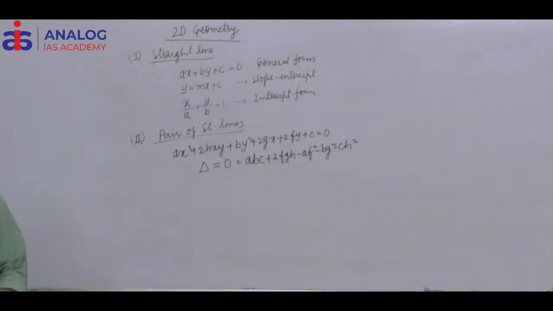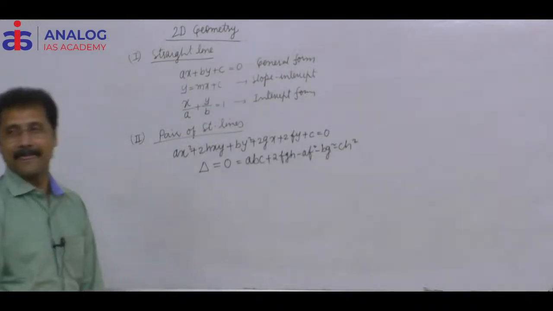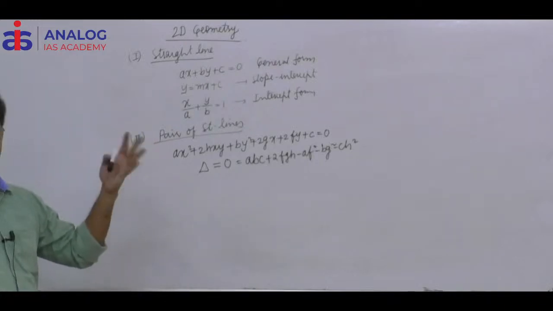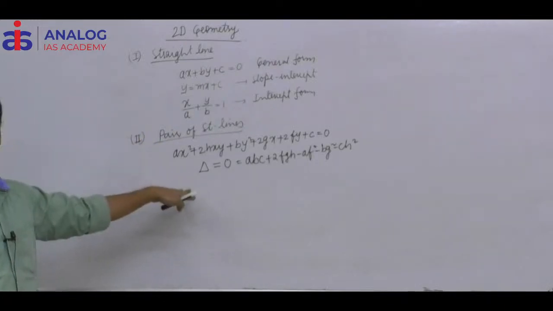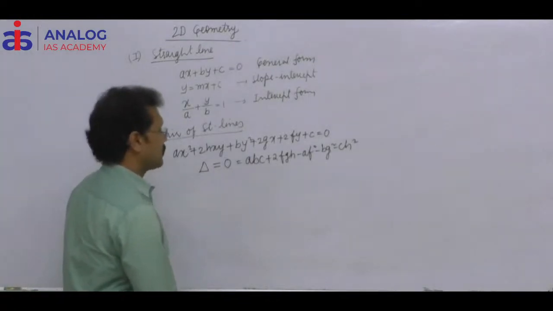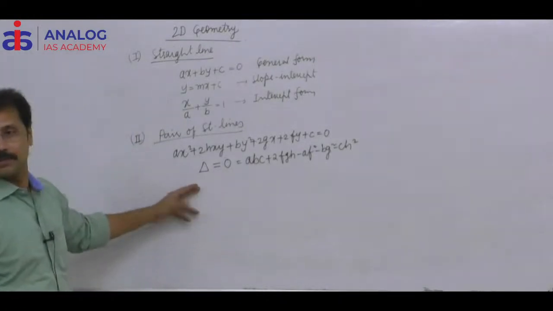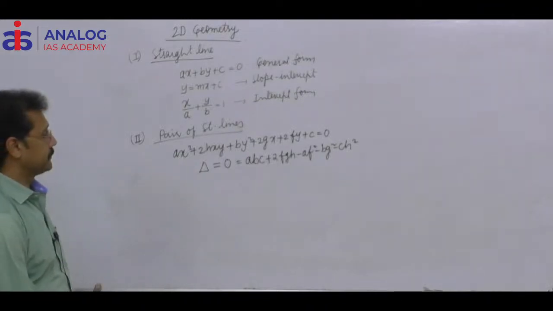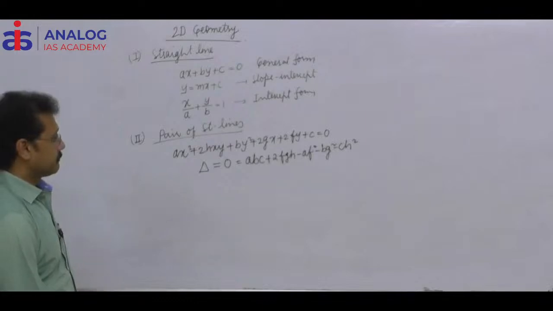Pair of straight lines. Okay? It's gone already, way back, right? Refresh yourself. Remember this, it's important. If it's not important, I would not have covered this here in this class. You should know this. Next.